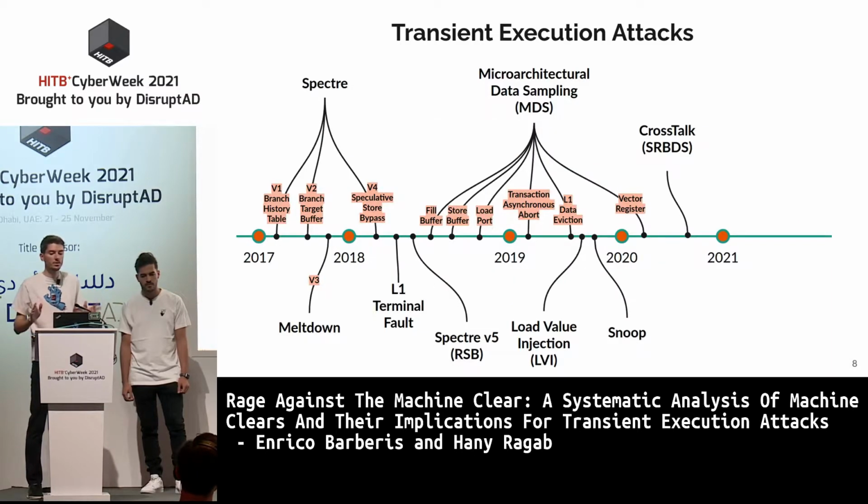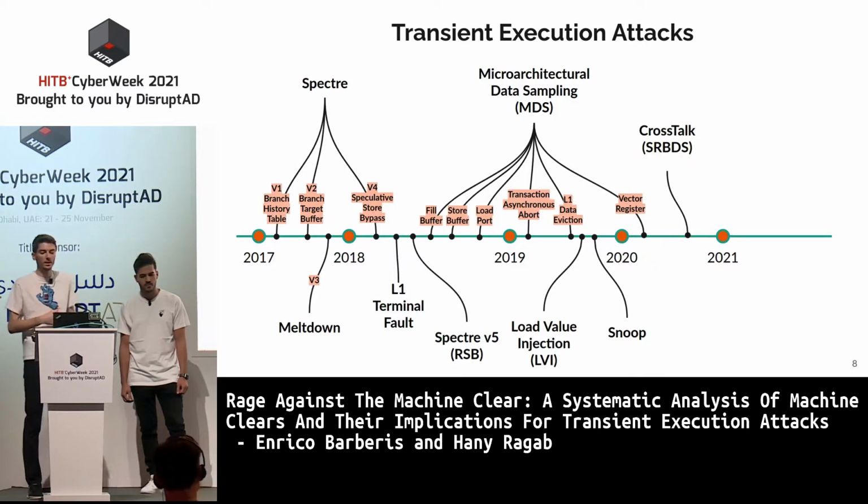Just with these two primitives, in the last years, many attacks were discovered. Let's start from late 2017 with the most famous ones, Spectre and Meltdown, that probably all of you know. After that, month after month, new attack variants popped up. For example, in 2019, microarchitectural data sampling brought a lot of variants, where basically an attacker can break every barrier in a single physical core.